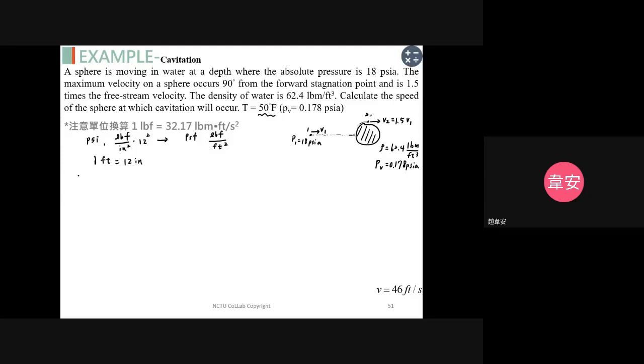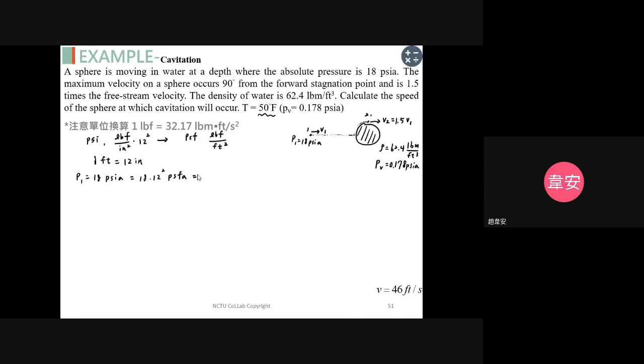So for our question, we know that P1 is 18 psia, and if we convert to psfa, we need to multiply 18 by 12 squared.